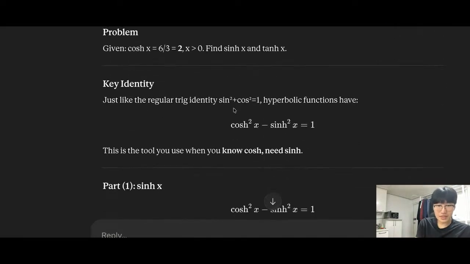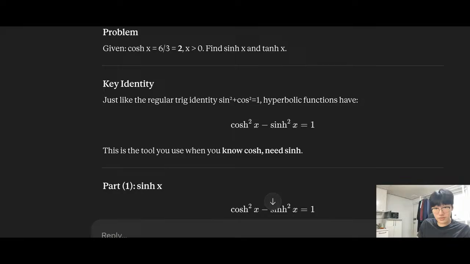Fine, okay. Just like the regular trig identity, sine squared plus cosine squared equals 1, hyperbolic functions have cosine hyperbola squared of x minus sine hyperbola squared of x equals 1. Interesting.